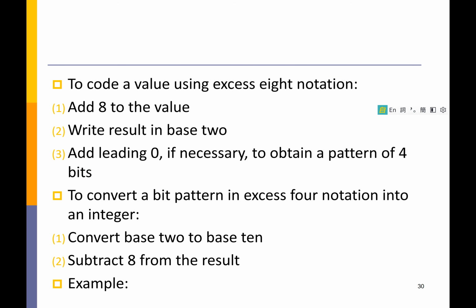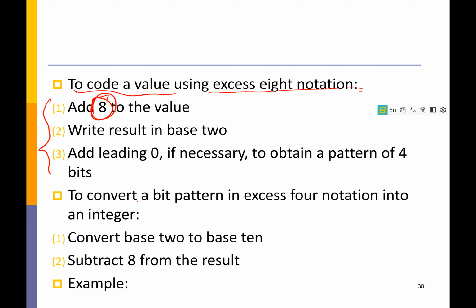Now, similar thing. If you want to code a value using SSA notation, you have to follow these 3 steps, which is similar to SS4. The only difference is you plus A here.